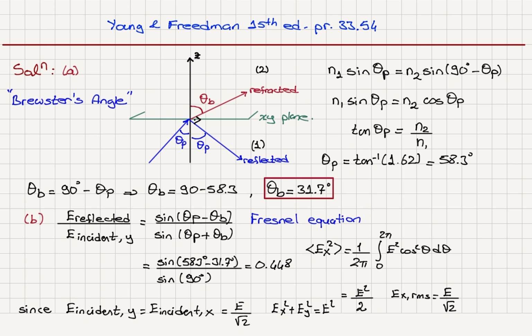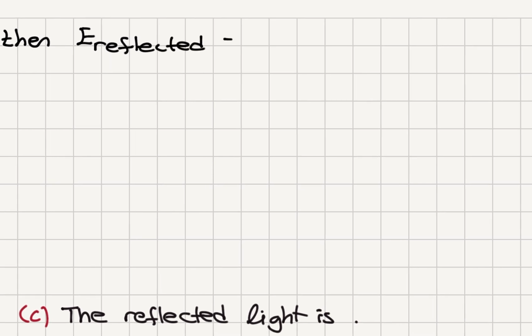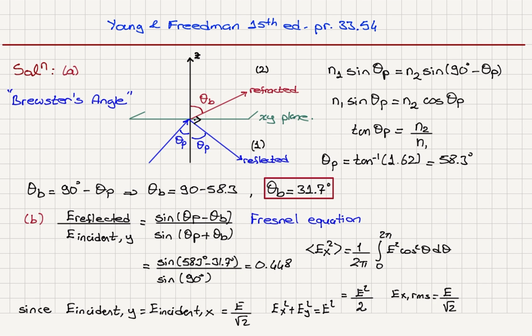And they have the same magnitude E here. So their RMS values are equal to the same value, E incident divided by square root 2. So with that, I can write my result from the Fresnel equation tells me the electric field magnitude of the reflected light is equal to 0.448 multiplied by the incident electric field magnitude y component.